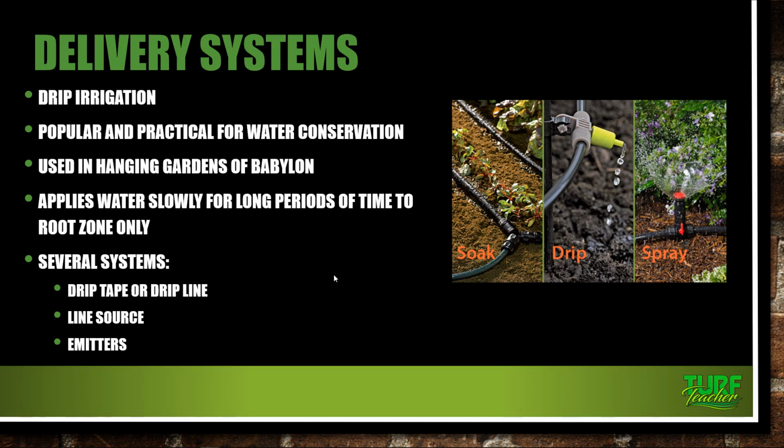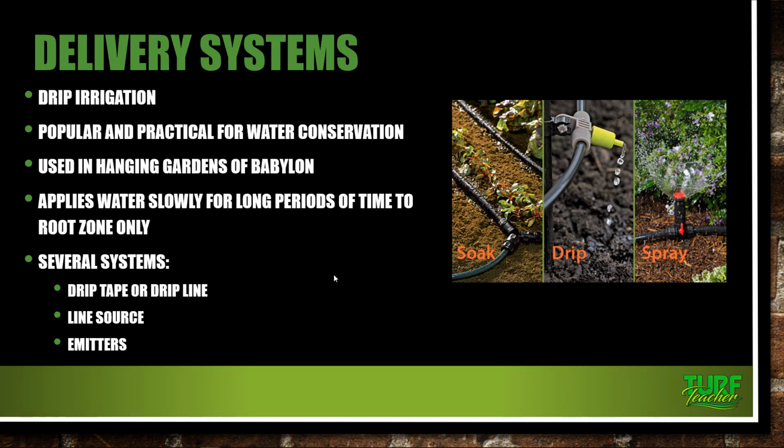Drip irrigation, very, very popular. This is really the only way that I like doing my shrub beds. With the different size emitters that we can get, and the bubblers and all that, we can really control how much water we're putting out onto our plant materials.